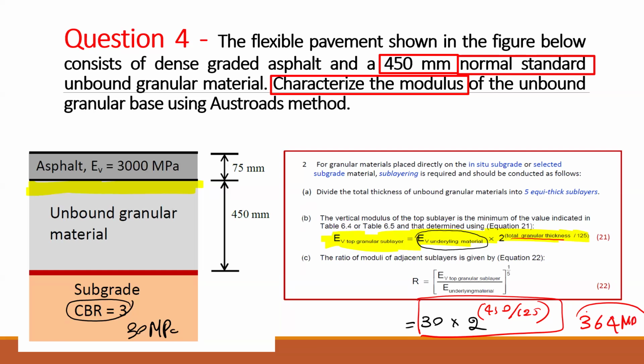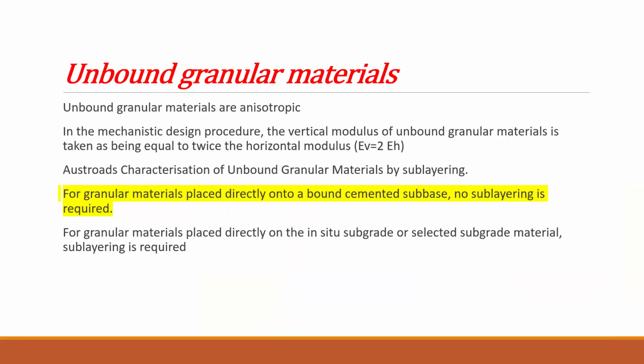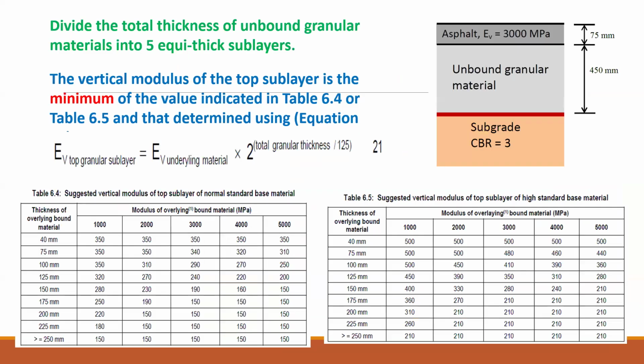Now we need to refer to the tables and find the value from them as well: table 6.4 and table 6.5 from the Austroads. We first need to select the right table among the two. The first table is the suggested vertical modulus of top sublayers of normal standard material.